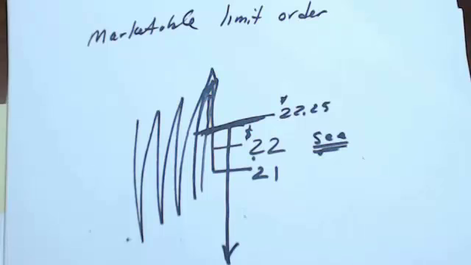But with options, you can time when you want to exercise that option. So there are differences between limit buys and limit sells and call and put options.